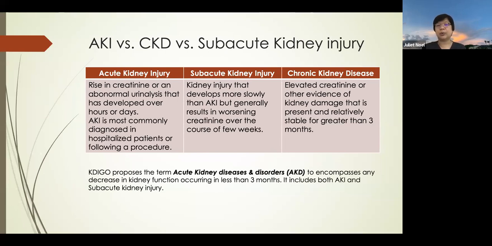This will combine both the AKI, which is less than 48 hours, and the subacute, the slower, that happens over days and weeks. But to differentiate it from chronic kidney disease, it should be there for more than 3 months.